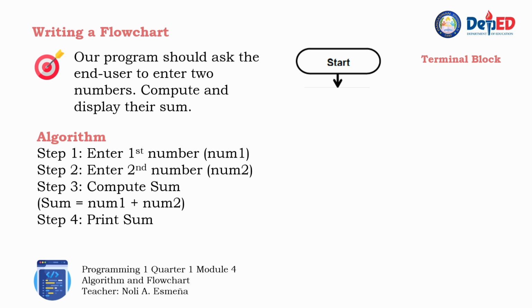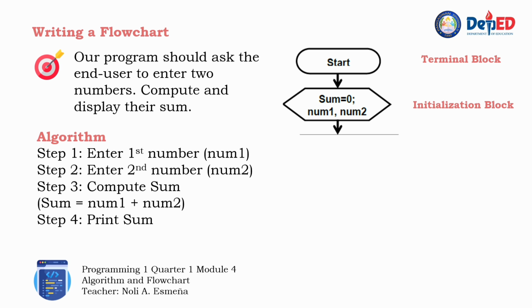This will indicate the starting point of our program. Then, it would be followed by an initialization block, where we need to declare our variables, which are num1 and num2. In this block, we will also indicate the starting value of the variable sum, which is 0.